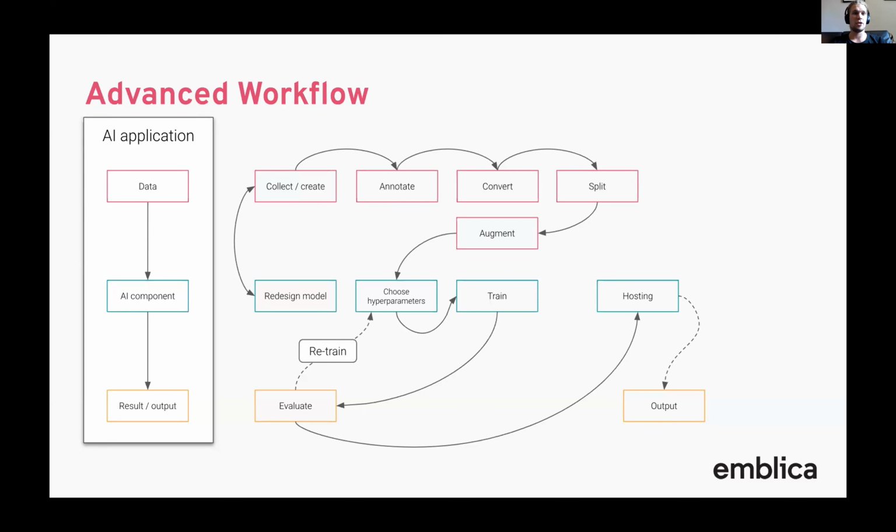In order to design your loss function or understand why some loss function doesn't work, you need to understand the deeper mathematics, because that will define how the data is transformed for the model, how the model sees it, and how you're going to give feedback through that loss function. And of course at Emblica we work at this advanced level. Sometimes we might have a project where the intermediate is enough, but mainly we operate in this advanced sphere.